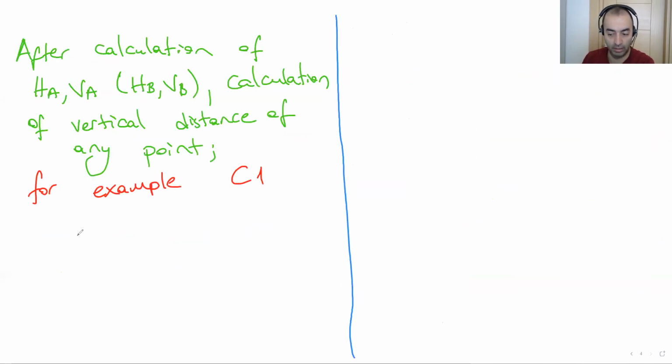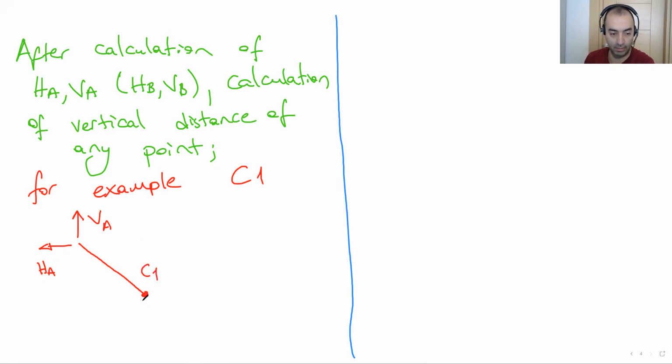So we can write here HA, cut the system from C1. We know HA and VA now. We can do it after we get the support reaction. Okay, firstly we get the support reaction with the first step. Now we know VA and HA. So this is C1.